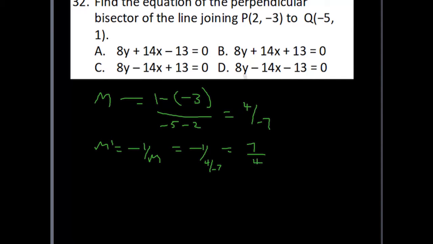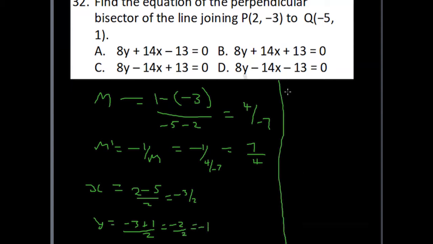So the next thing we have to do is to find the midpoint of these two, because that is where the line meets them. So midpoint for x and y. So using the equation of a straight line in slope form, y minus y1 equals m times x minus x1.